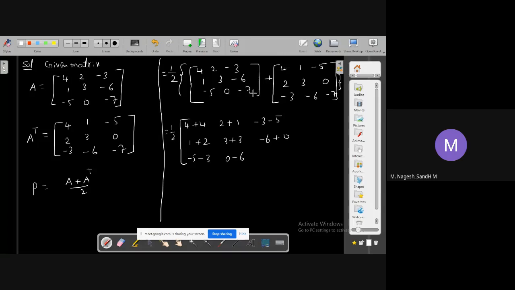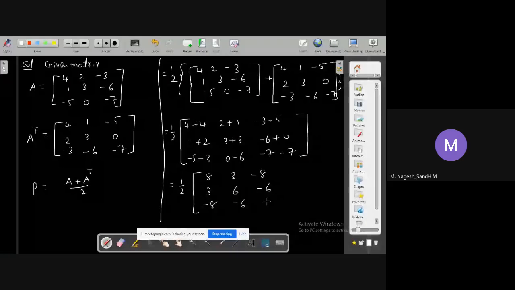Next, minus 7 minus 7. Matrix addition. So now 1 by 2 into: 4 plus 4 is 8, 2 plus 1 is 3, minus 3 minus 5 is minus 8; 1 plus 2 is 3, 3 plus 3 is 6, minus 6; minus 5 minus 3 is minus 8, minus 6, minus 14.